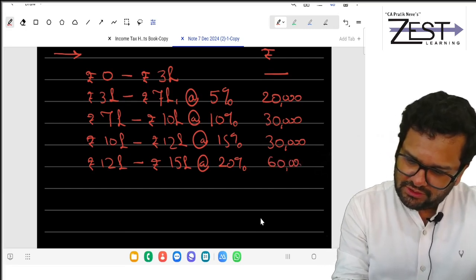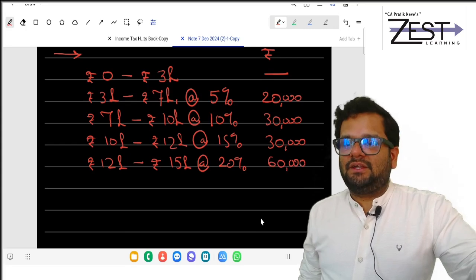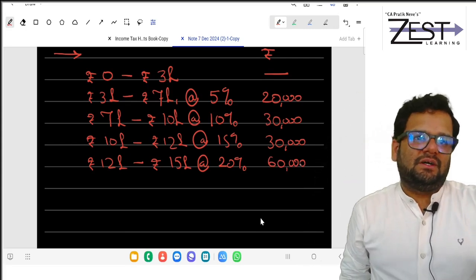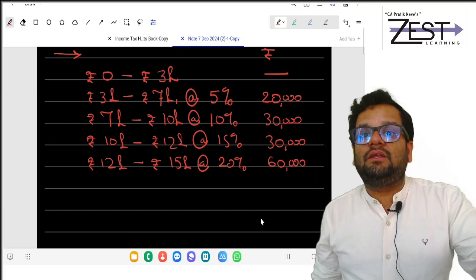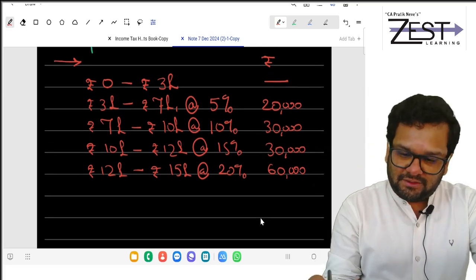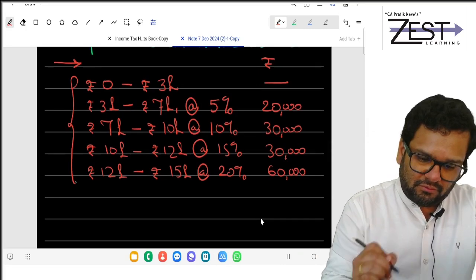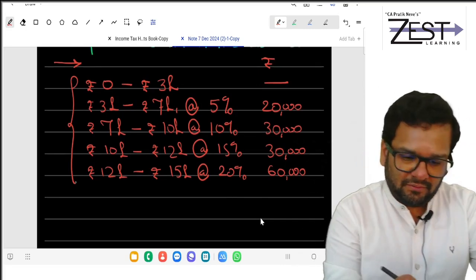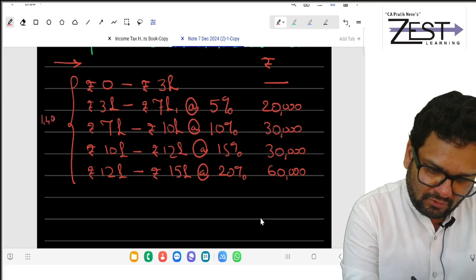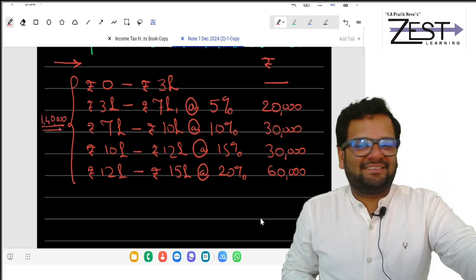Check, friends, how much it is: 60, 70, 80, 90, 90 plus 30, 120, 120 plus 20, 140. So always on the first 15 lakhs it's going to be 1 lakh 40,000. Remember that.